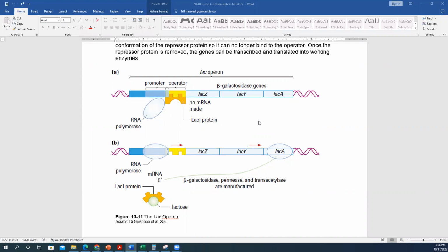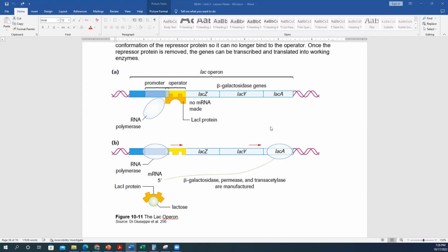Since this sugar isn't always available to bacteria, for example to E. coli, the expression of these genes needs to be regulated. It wouldn't make sense to produce these genes at a time when there is no lactose available as a source of fuel.